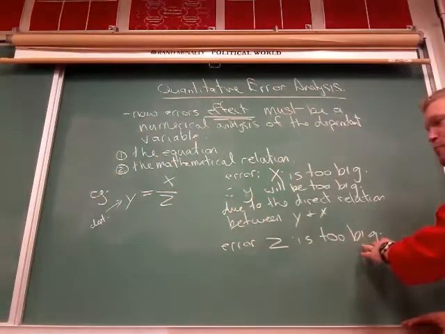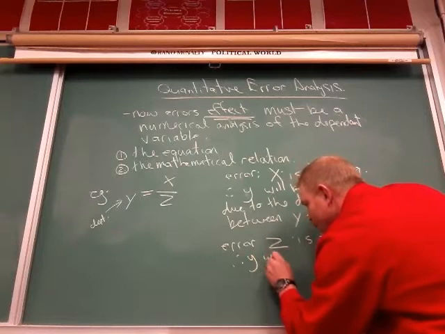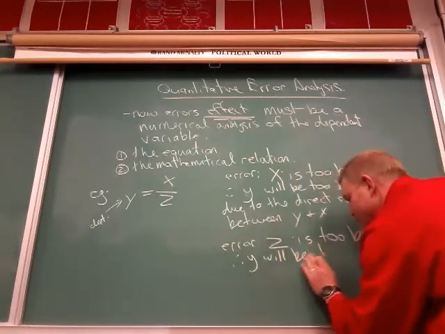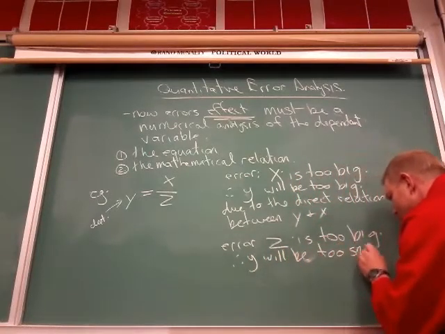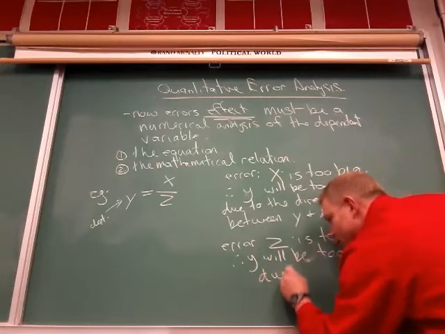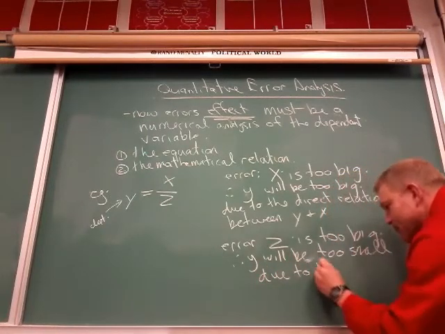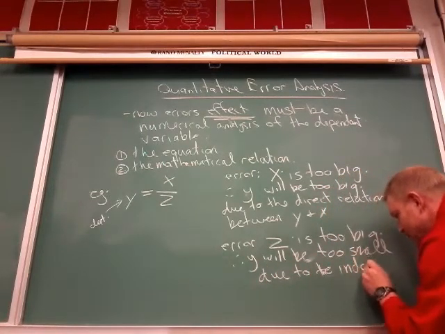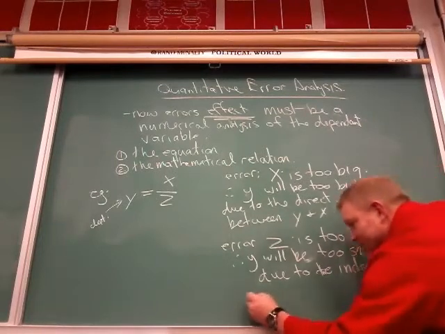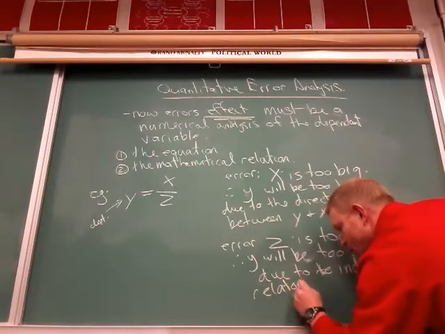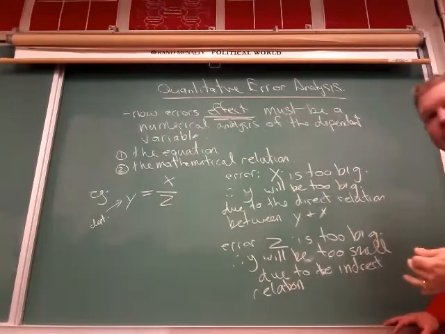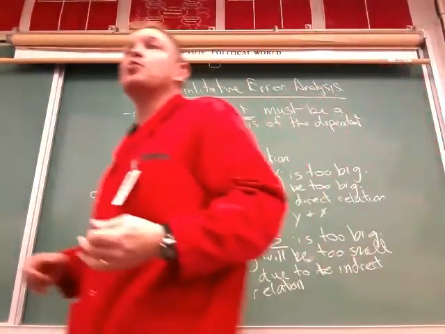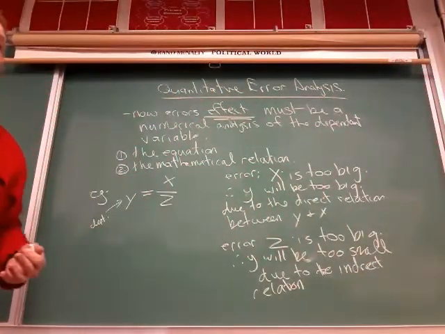So if z is too big, therefore y will be too small due to the indirect relation between z and y. All right?